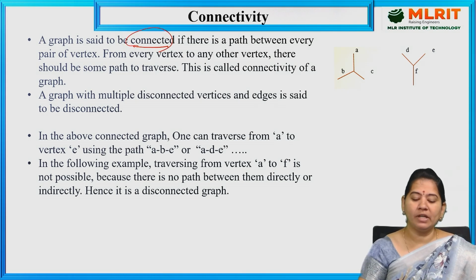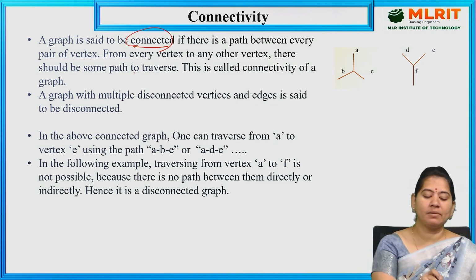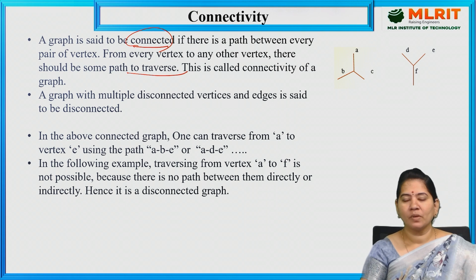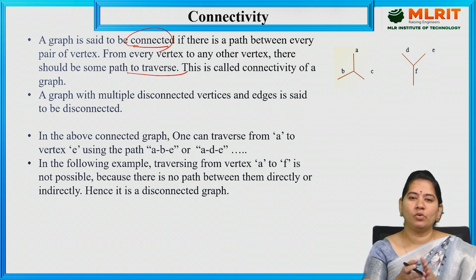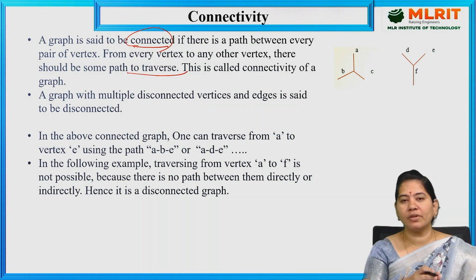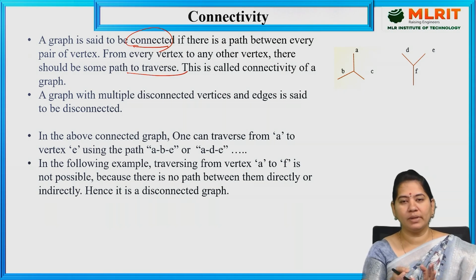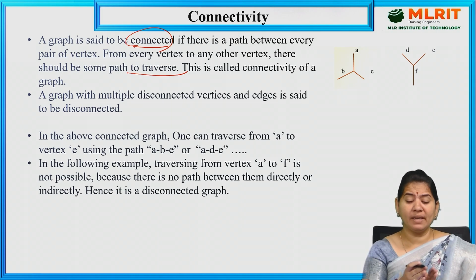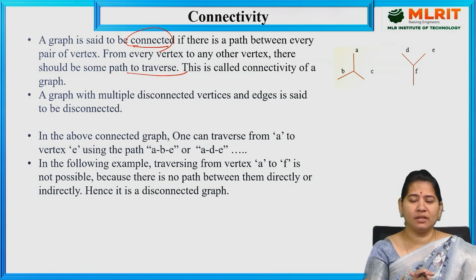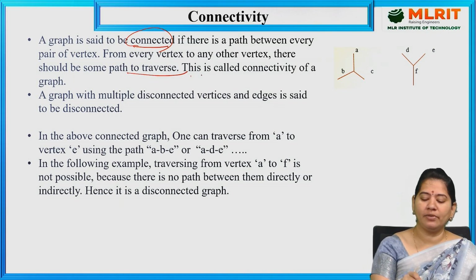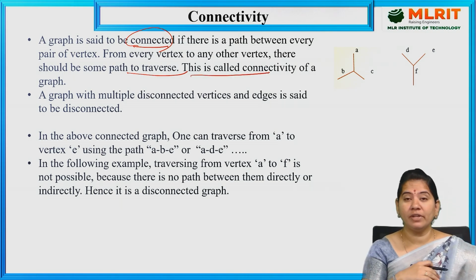From every vertex to any other vertex, there should be some path to traverse. Traverse is nothing but visiting the nodes. Without a path, I cannot traverse from one vertex to another vertex. This is called the connectivity of a graph.